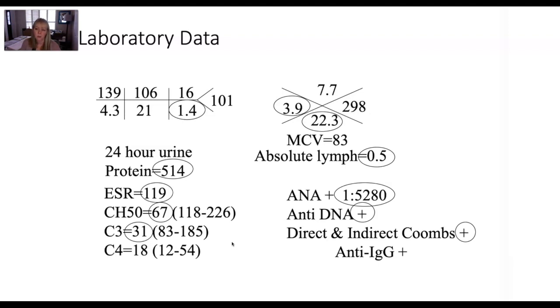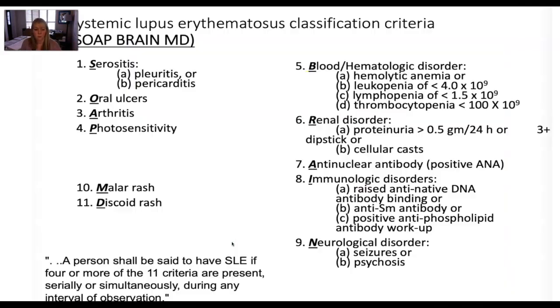But really, your basic lab workup would be a CBC, a CMP, your SED rate, your CRP, ANA, go back to this one here, your ANA, the CCP antibody, because you want to make sure it's not rheumatoid arthritis.